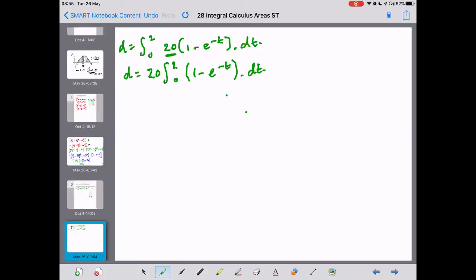Now looking at this, we're integrating a constant minus an exponential term, so we do those separately.